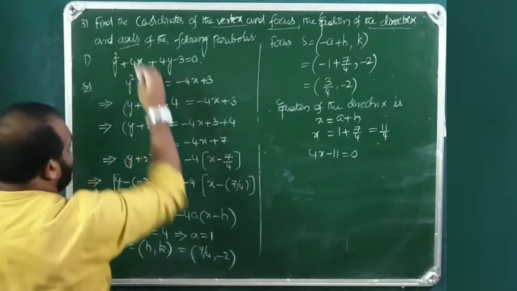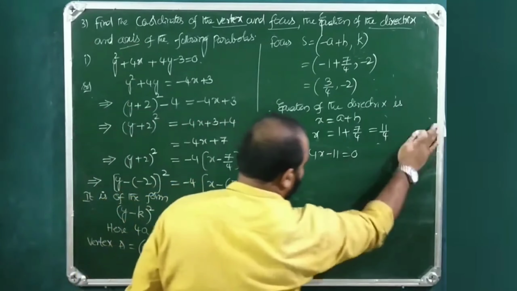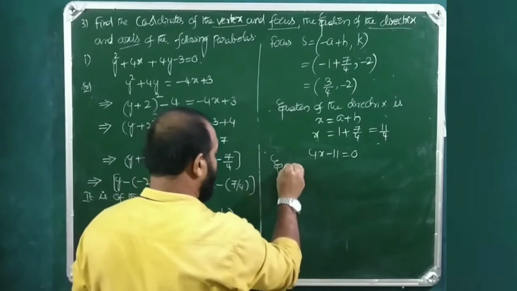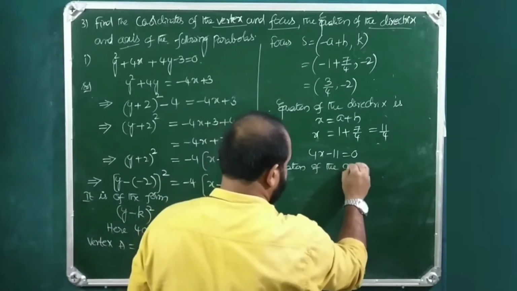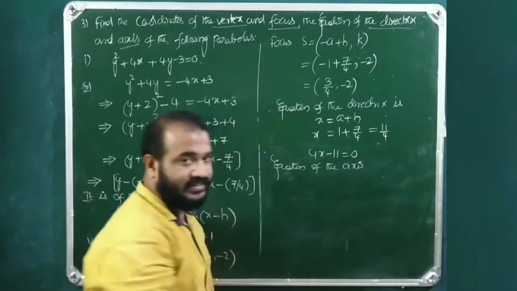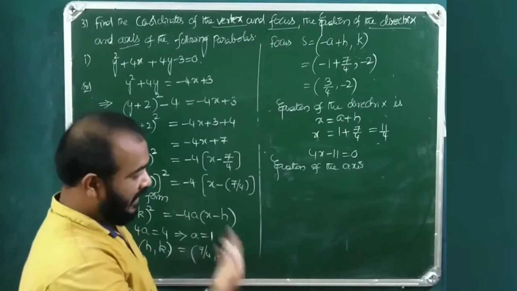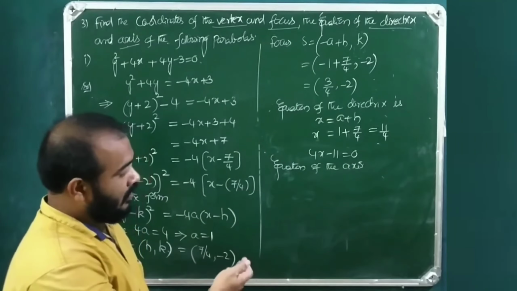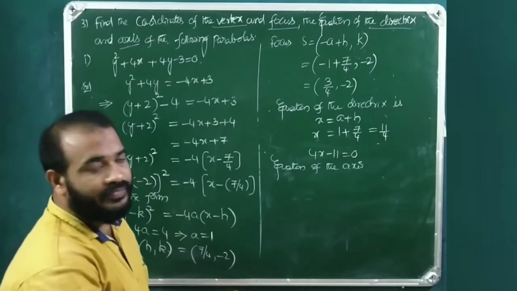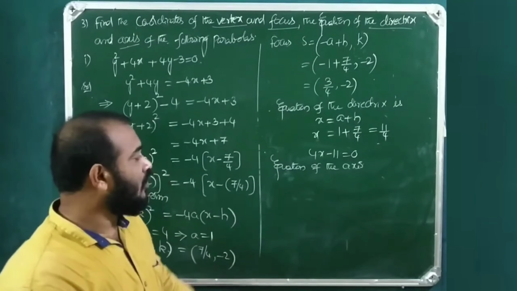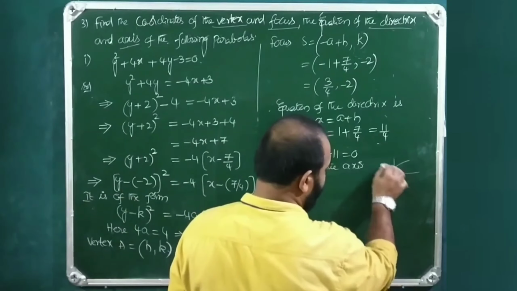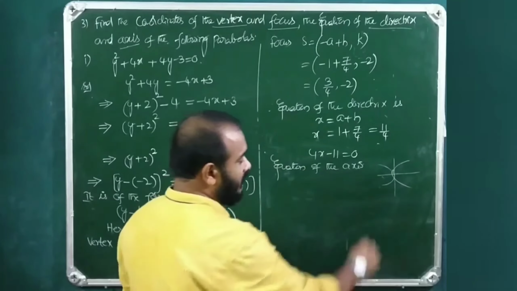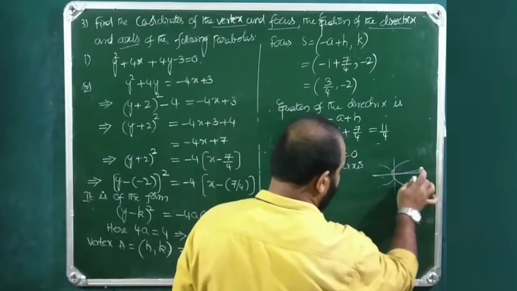And the equation of the axis. Equation of the axis means the principal axis. The line which is passing through the focus is called the axis. So for y square equals to 4x or y square equals to minus 4x, what is this?